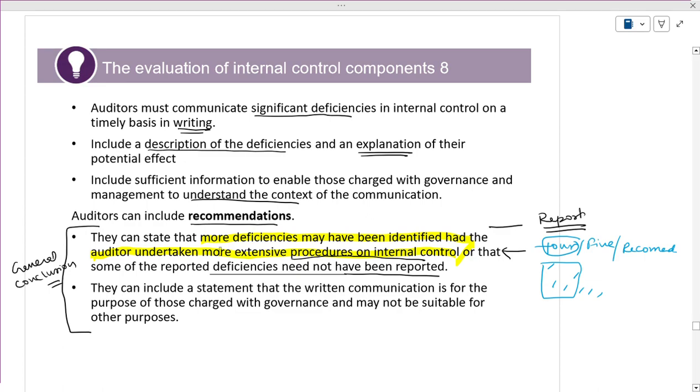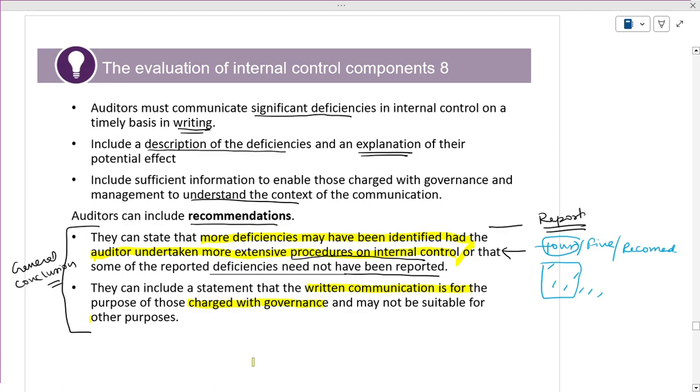They can include a statement that the written communication is for the purpose of those charged with governance and may not be suitable for other purposes. Means for specific things. What do you mean by not suitable for other purposes?